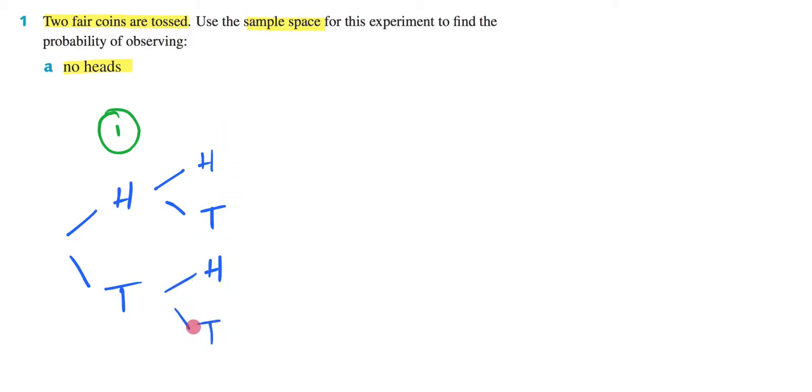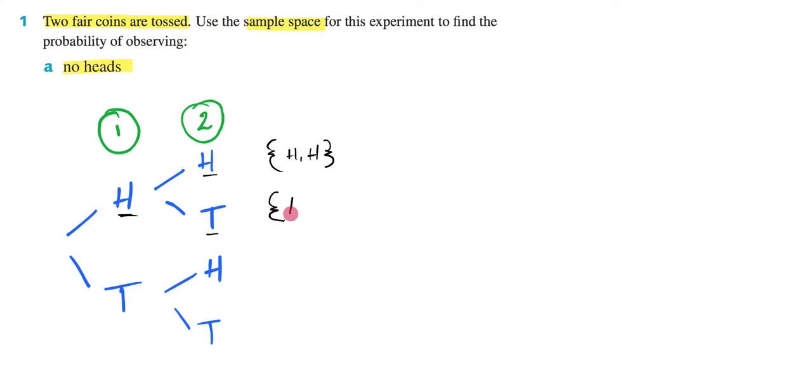So this column right here would represent my second flip. Having now done my tree diagram, I could then represent all the elements of my sample space. I could either get a head and a head. So one option, if I flipped 2 coins, is to get 2 heads. Or I could get a head and then a tail.